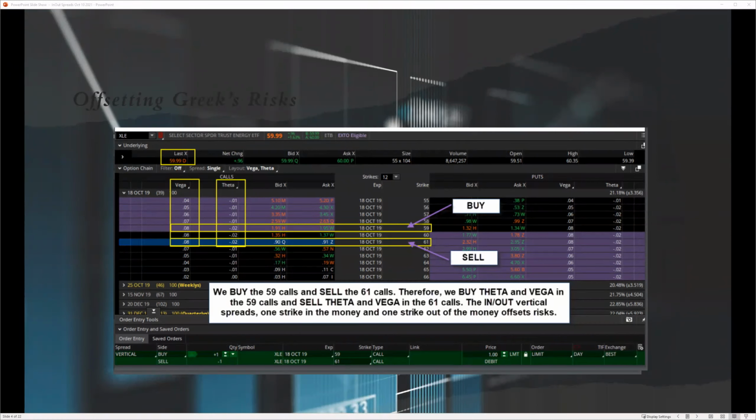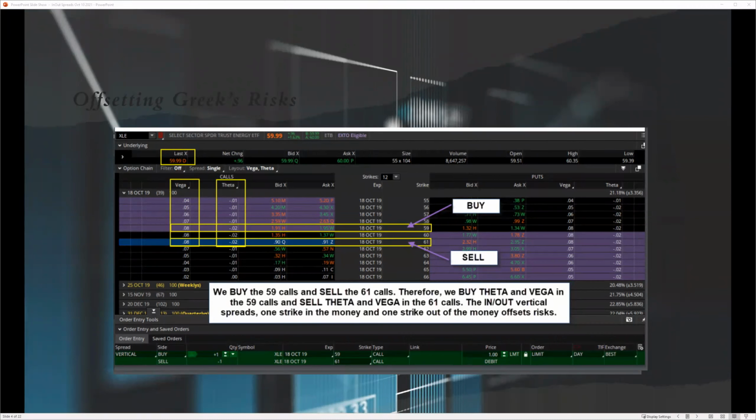But I have here an example of an option chain where we are buying what's called an in-out spread, because one leg is in the money and the other one is out of the money. So in this case, we're buying a 59 call and we're selling a 61.